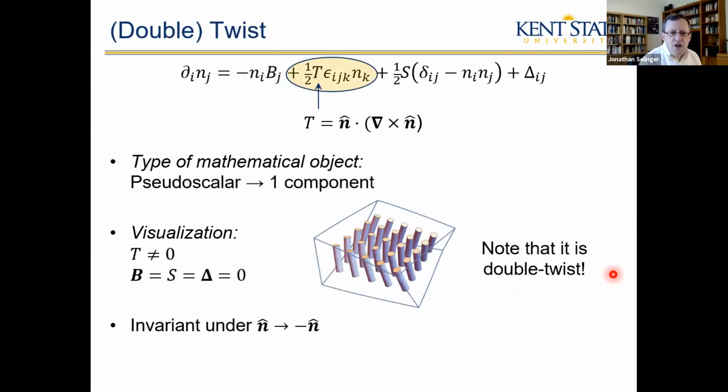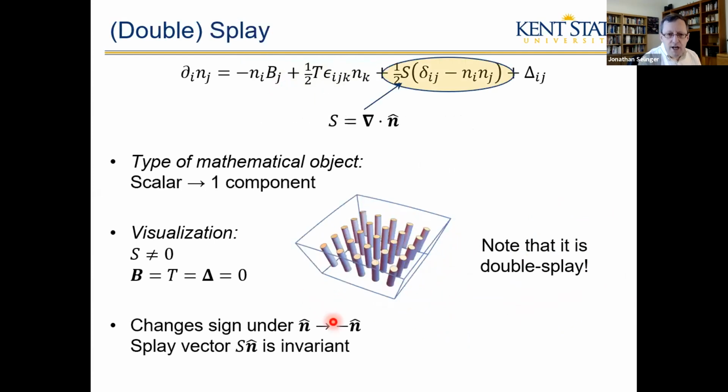The second is twist, that is to say double twist, as shown here. This object is a pseudoscalar. The third is splay, that is to say double splay, as indicated here.